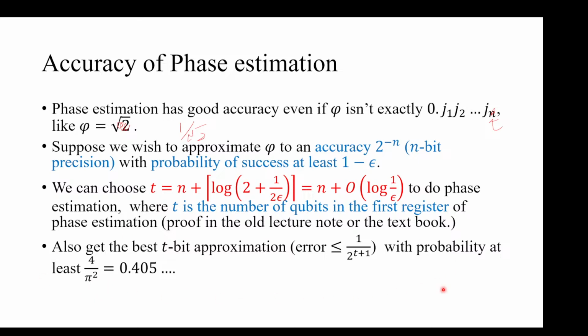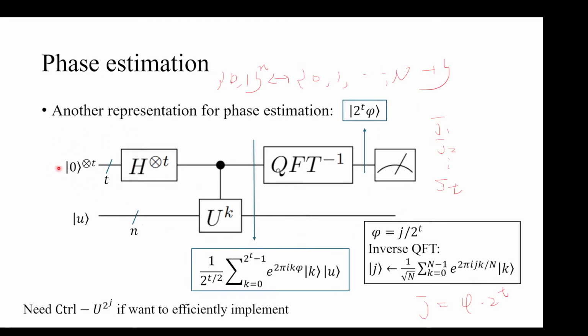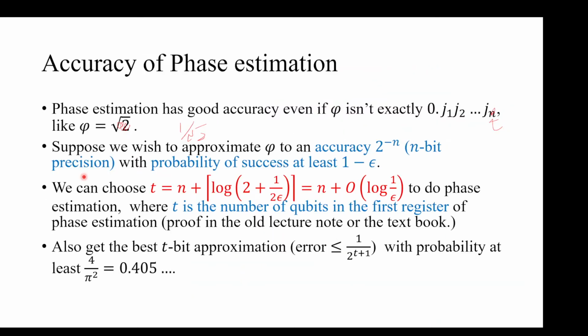Another good thing about accuracy is that this is for when you want an arbitrarily small error probability epsilon. If you just want a good probability, then you find out that if you just do this, you have a pretty good probability of getting the first t bits correct. With t qubits here, the probability that the error is less than 1 over 2 to the t plus 1 is at least 4 over pi squared, about 0.405.